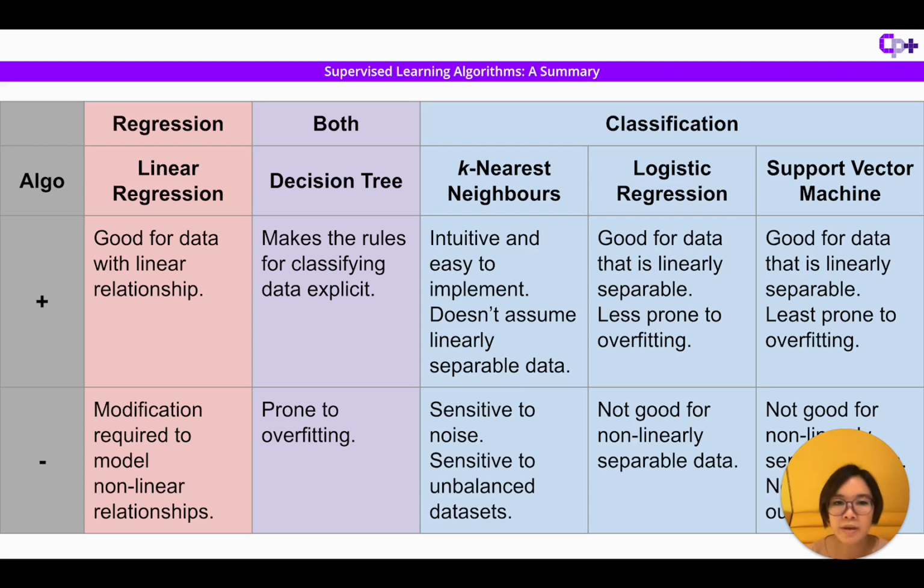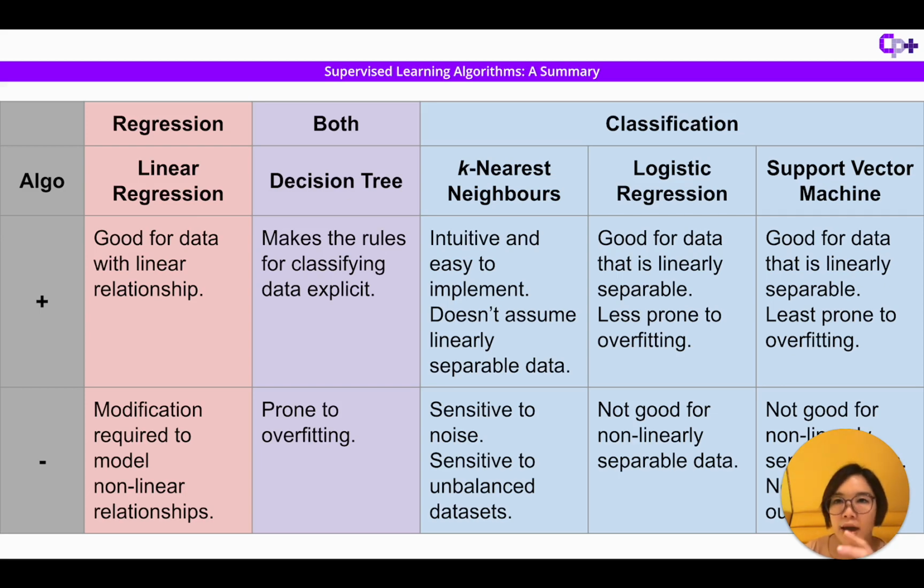Finally, you have the three algorithms for classification. Some of them can also be modified for use for regression, k-nearest neighbors being one of them. K-nearest neighbors is also very intuitive, like your decision tree, and easy to implement, but it's also very sensitive to noise. So let's say I have one point that's very close to my unknown, that is a noisy point, an outlier.